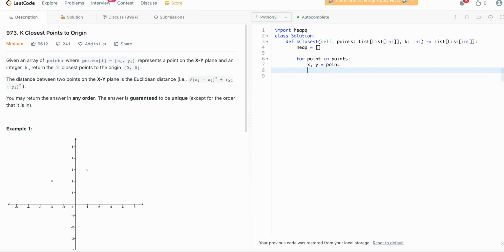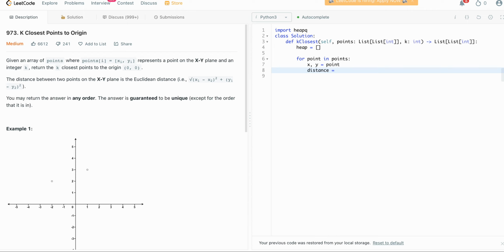So what I'm going to do now is I want to get a distance, which would be the square root. Well, you know that the square root is directly correlated to the Euclidean distance, x1 minus x2 squared plus y1 minus y2 squared. And since the origin is 0, 0, the distance will essentially be x squared plus y squared.